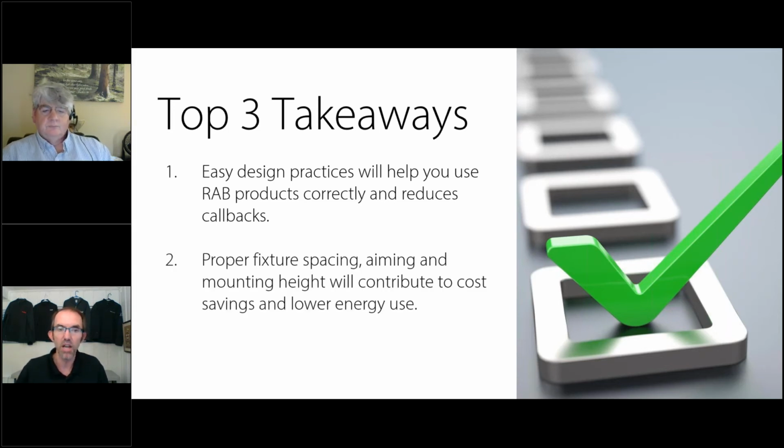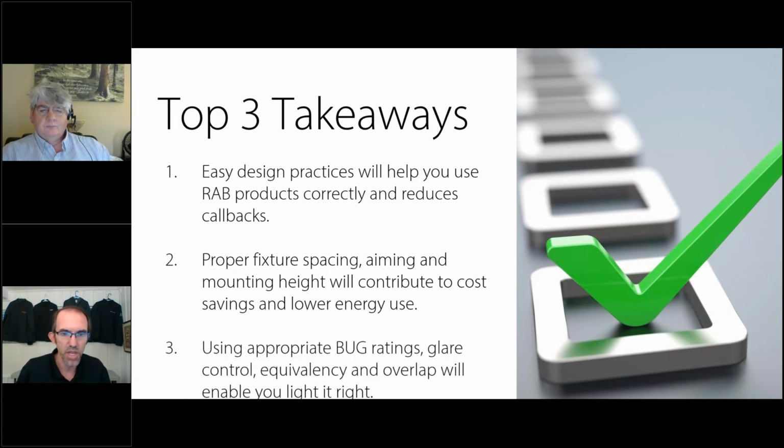We've taught a lot about fixture spacing and also aiming and mounting height for wall packs, for area lights, and for floodlights. Doing that correctly will contribute to cost savings and lower energy use. And the last one that we have here is using that BUG rating, the backlight, uplight, glare, along with glare control, equivalency, and talking about that overlap will help enable you to light it right.